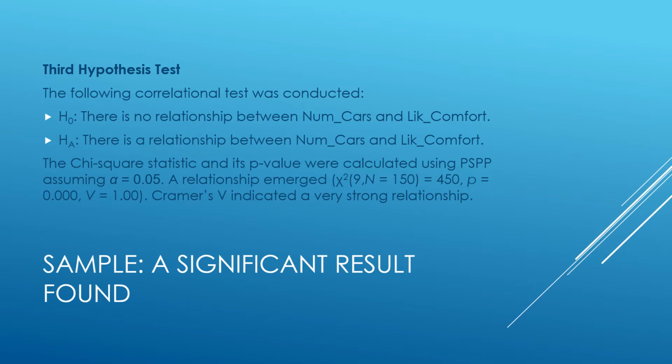A relationship emerged with a degrees of freedom of 9 and 150 cases, and so we had a chi-square value of 450 with a p-value of 0. And so in this 0, we were able to use Cramer's V to show that relationship, and it equaled a 1. So Cramer's V indicated a very strong relationship between the two. So in this sample, we have a significant result found.